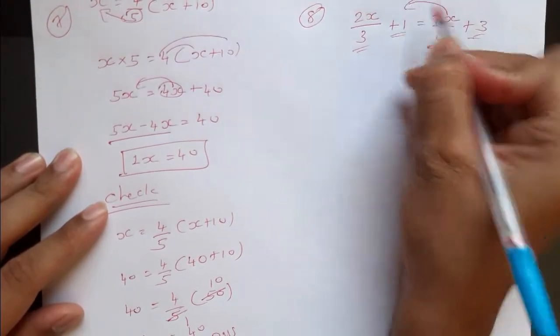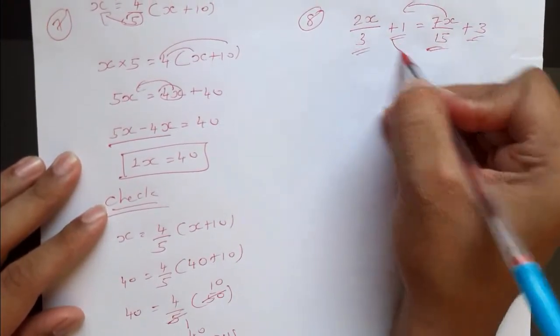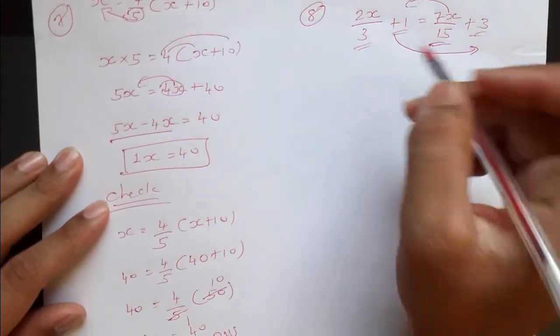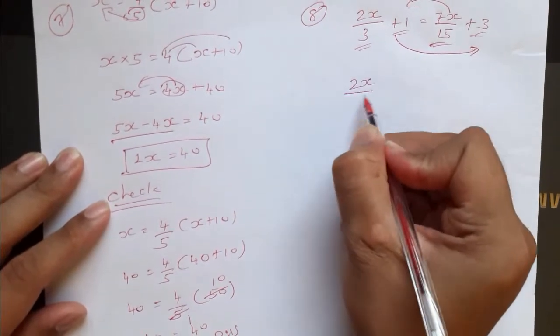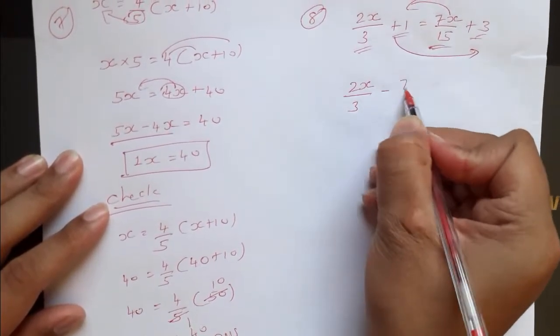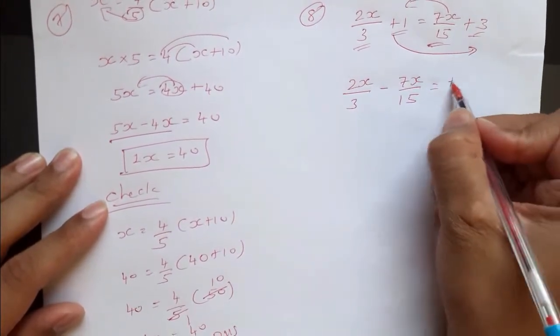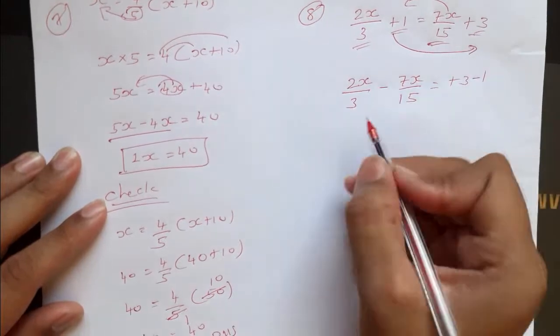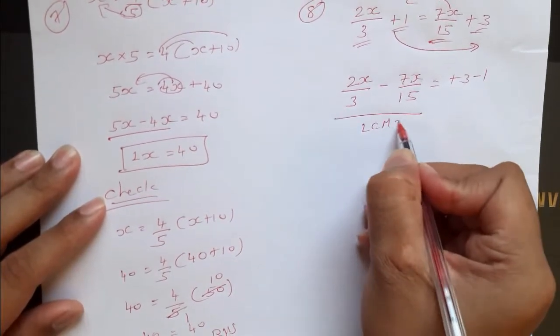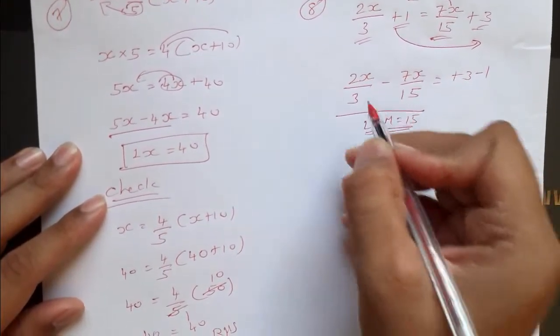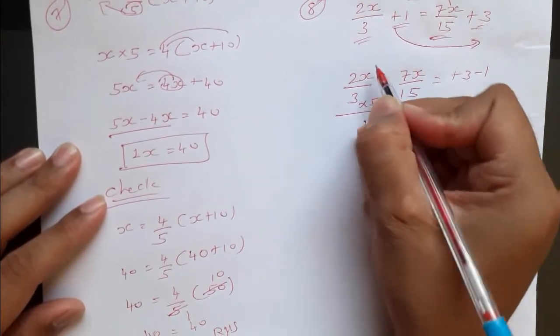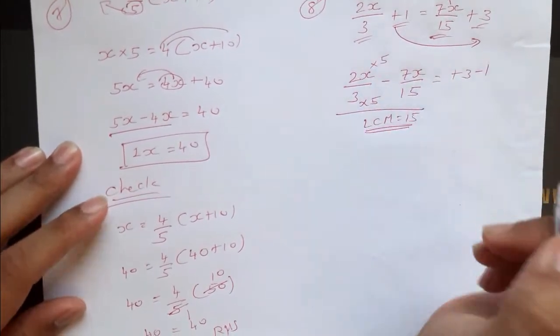So transpose this 7x upon 15 to the LHS side and plus 1 to the RHS side. So 2x by 3 minus 7x upon 15 equals plus 3 minus 1. Now here the LCM will be 15. So 3 will be multiplied by 5 and 2 is also going to multiply with 5.